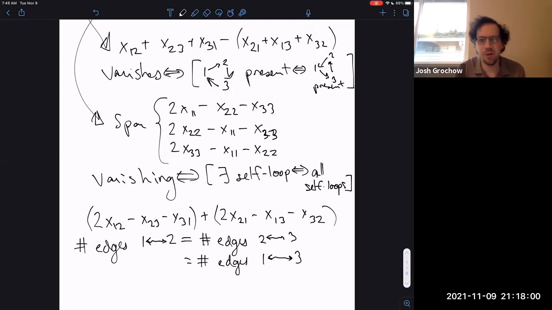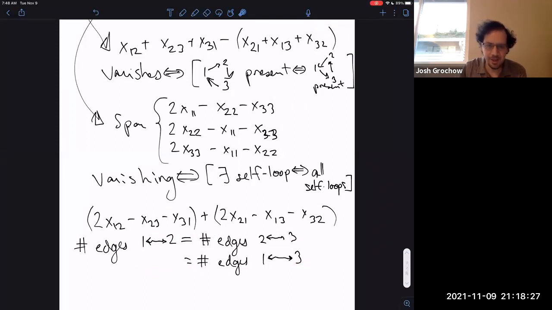You have to write down the polynomials and work through the case analysis for 0,1 matrices, but this is what this module vanishing corresponds to. So there's no one invariant polynomial whose vanishing tells you this property. We really needed this module.